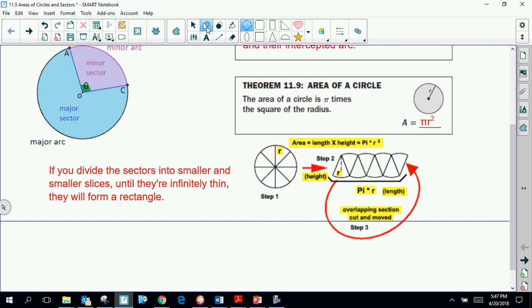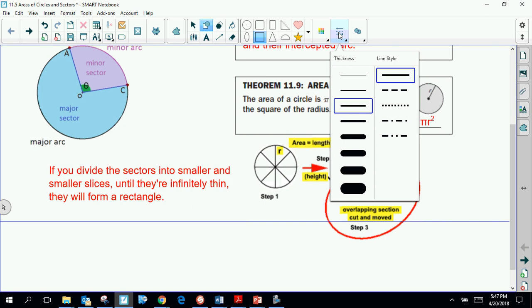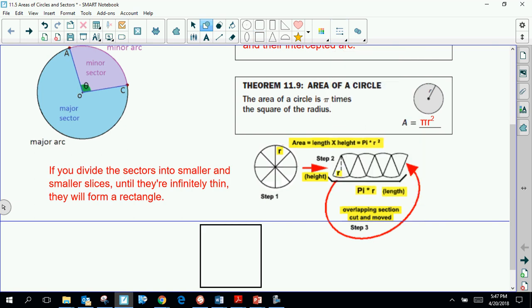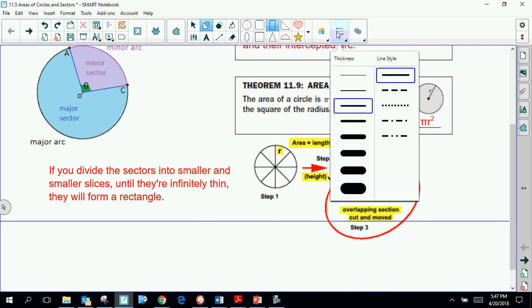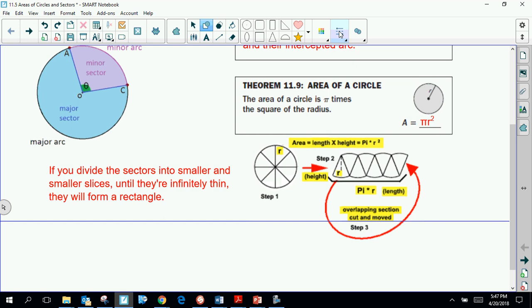So let me just add a rectangular shape here. We could take that triangle and, oh, that's a square. I don't want a square. I want a rectangle. All right, let's try this again. Rectangle. There we go.